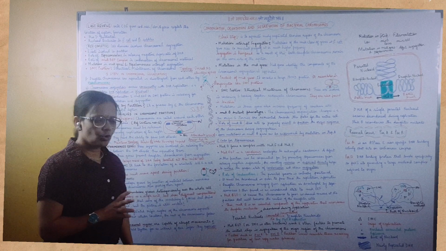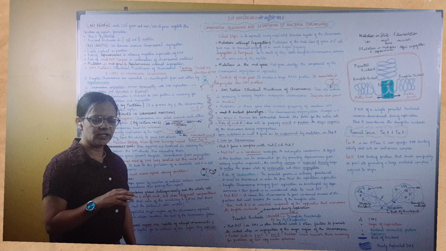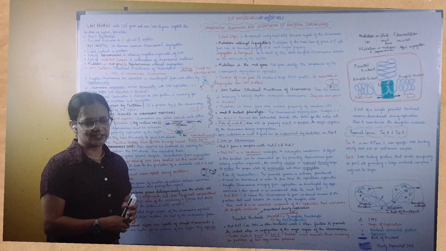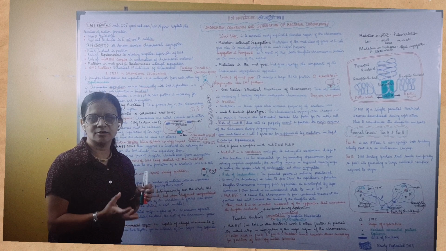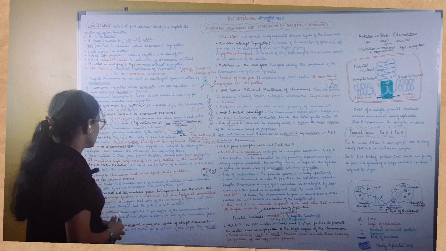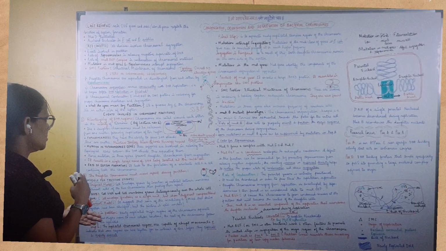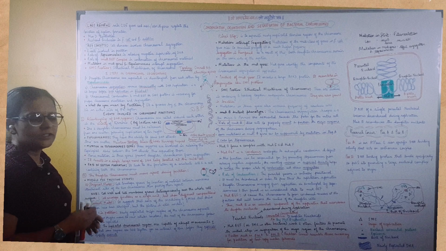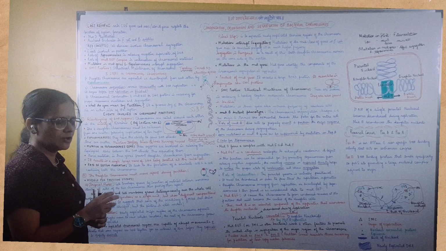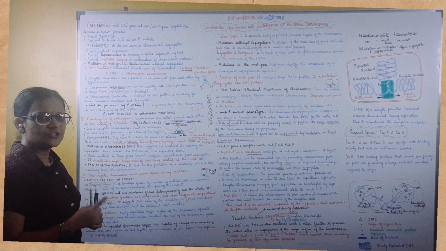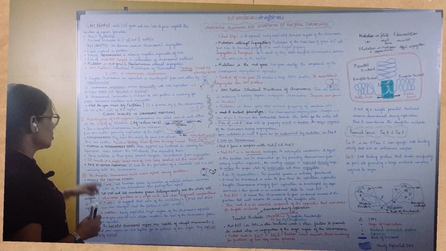So overall, topoisomerase is involved in maintaining the topology, or the 3D structure, of the DNA. So it's very important that the gene which expresses the topoisomerase enzyme does not get mutated.